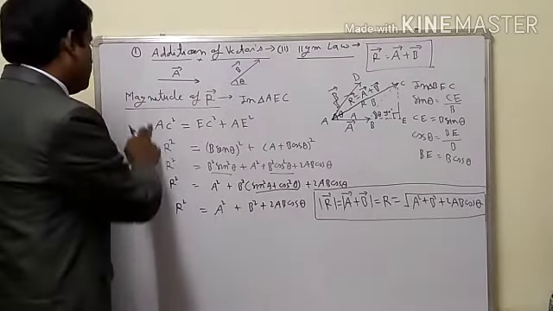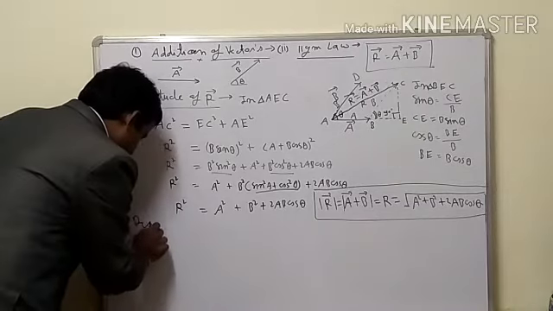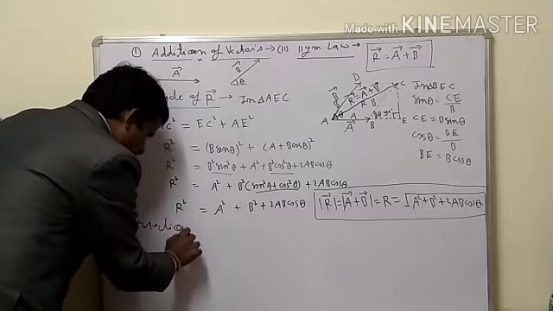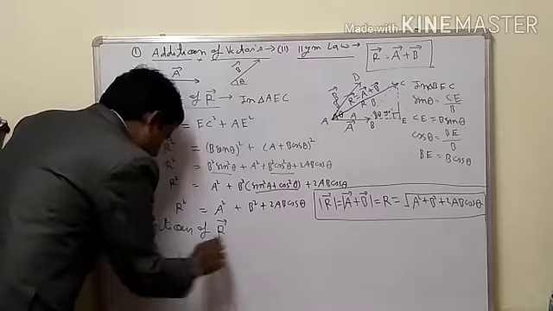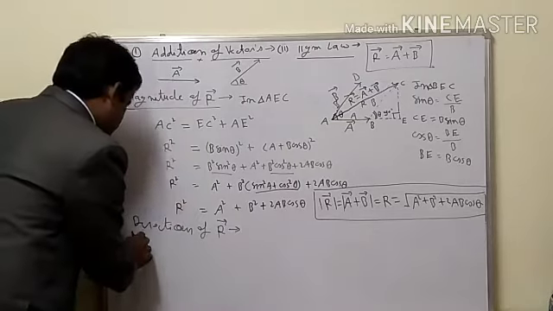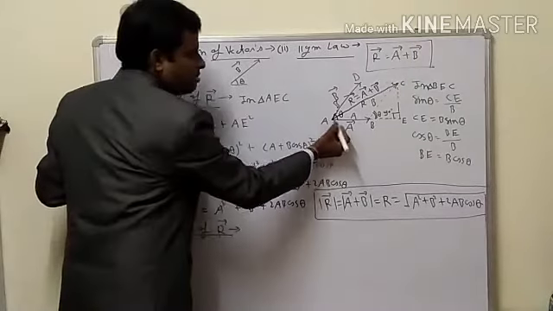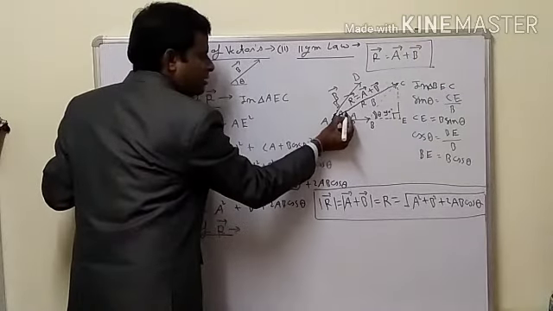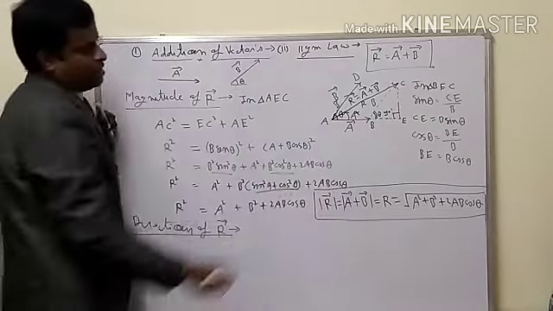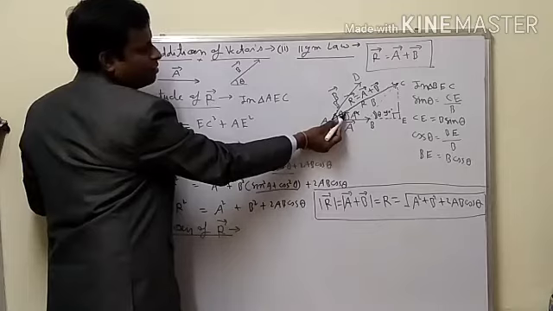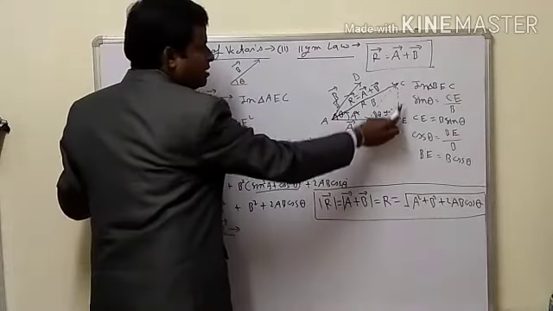Now I am going to find the direction of R vector. For finding the direction of R vector, you see that AB was the first vector. So the direction I am taking is alpha. So this is an angle alpha. We want to find this. Again we will use the triangle AEC.